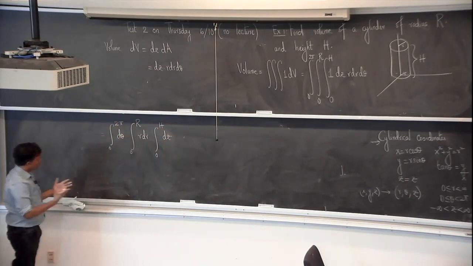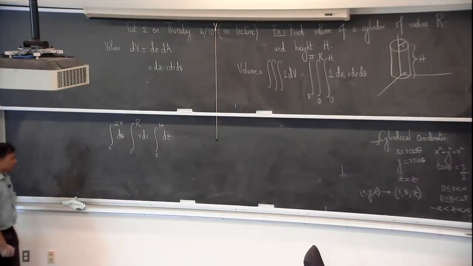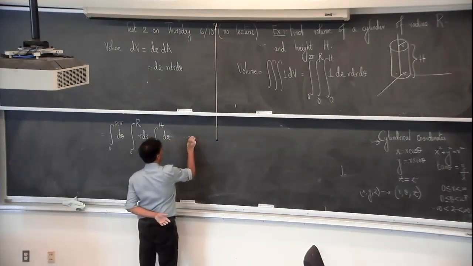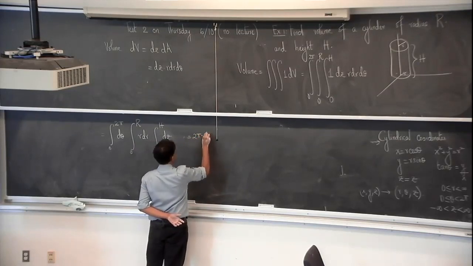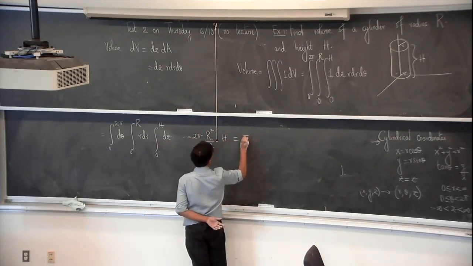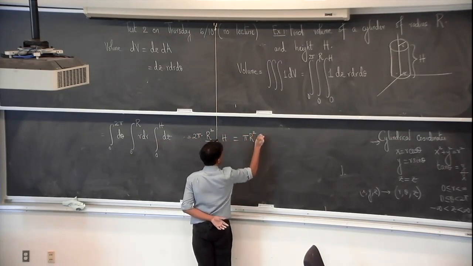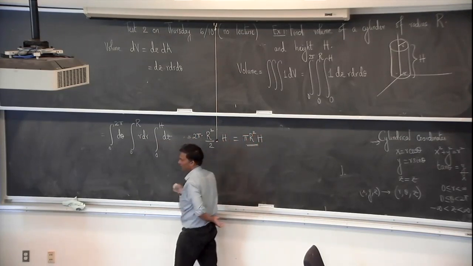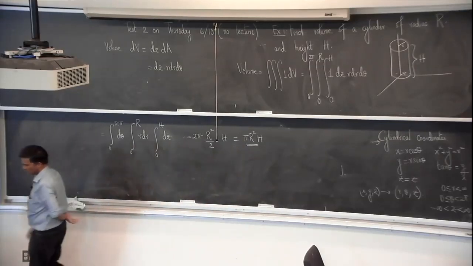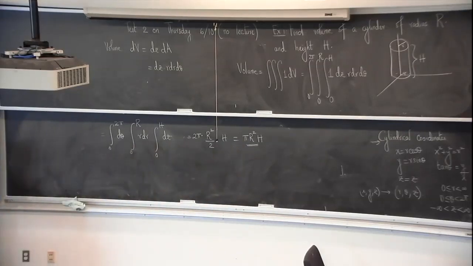So if you just collect all the components, you see the answer. That's 2 pi times r square over 2 times h. So that mystery is solved as to why the volume of a cylinder is pi r square h.